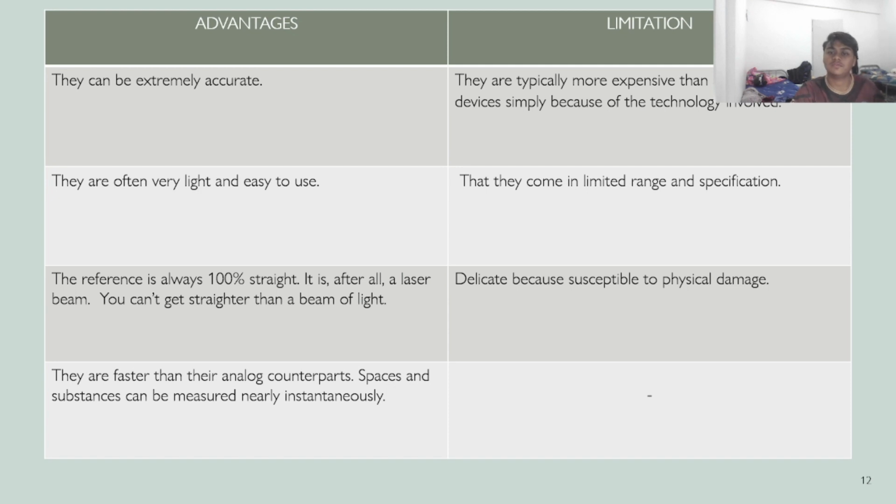Then they come in limited range and specification. This is because they are hard to manufacture. And the last thing is they are very delicate because of the susceptibility to physical damage. That's all for me. Thank you.